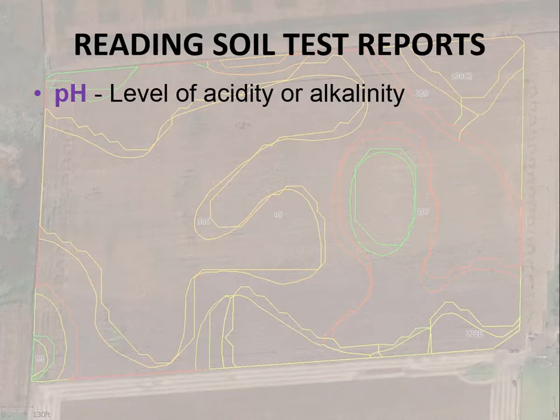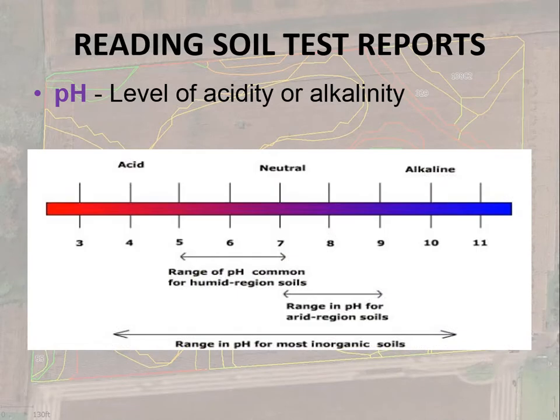Another thing that we see on there is pH. It's a fairly common thing we look at, and what we're looking at is how acidic or how alkaline that soil is. Depending on the types of crops and what parts of the U.S. we're in, we see some variations in pH. Typically what we want to see here in the Midwest is a pH usually in the range of 5 to 7.